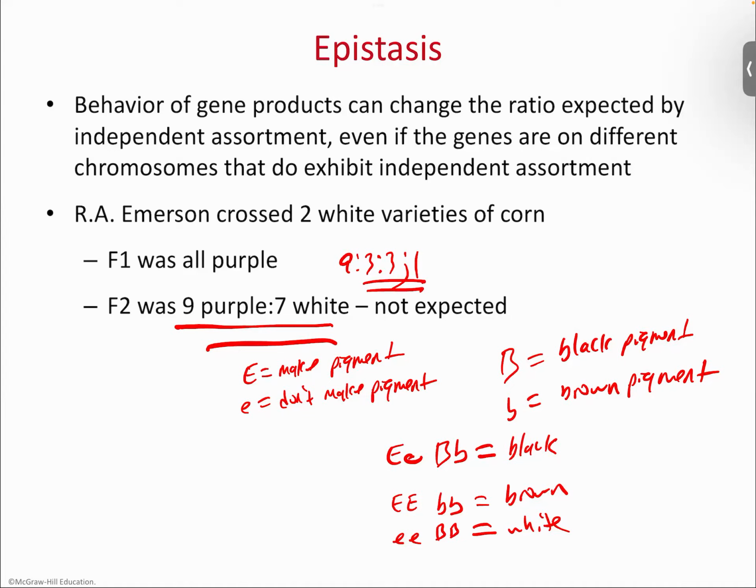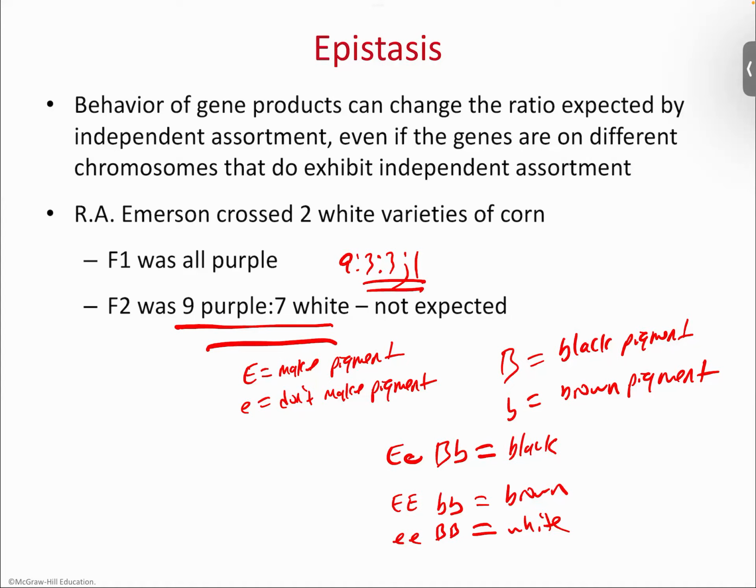That tells B, do what you do. You're going to make black, so make black, right? Same thing. If I've got two of these, I'm dominant. So that tells the B gene, do what you do, make pigment. So it makes brown. But if you are homozygous recessive, then what you're saying is don't make pigment. Guess what? Doesn't matter what B has because you've been told not to make pigment.